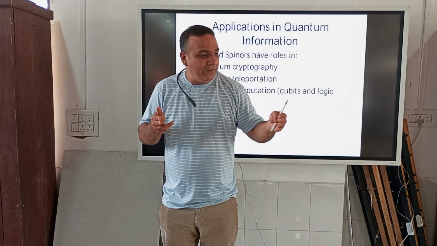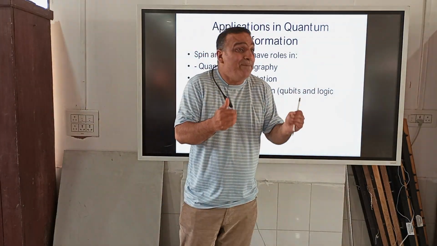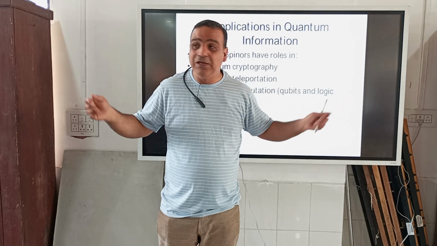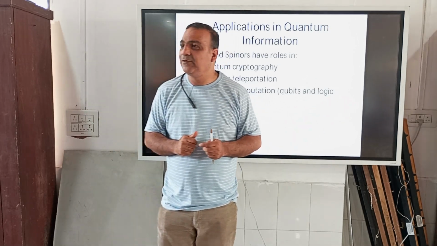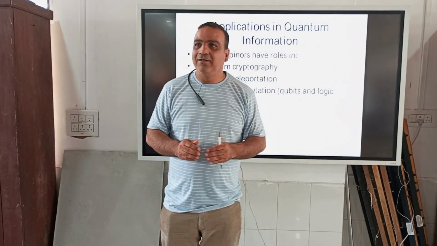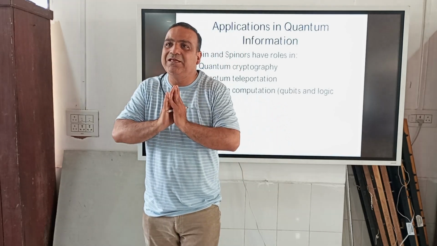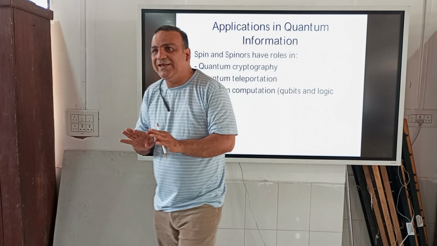So the two particles, when entangled, can act over very, very large distances. So if somebody is trying to hack your information, the moment he tries, the code that was generated between A and B will be distorted. I'm just trying to give you an example.